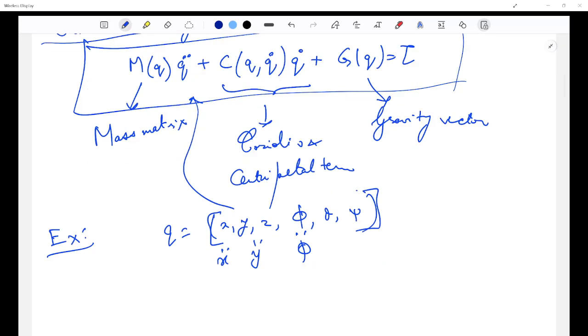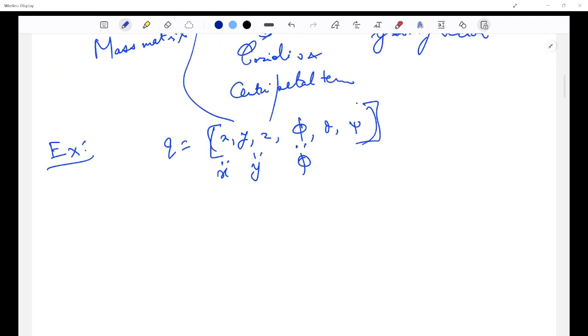Okay, let's go with an example. An example we can take is the planar 2R manipulator.